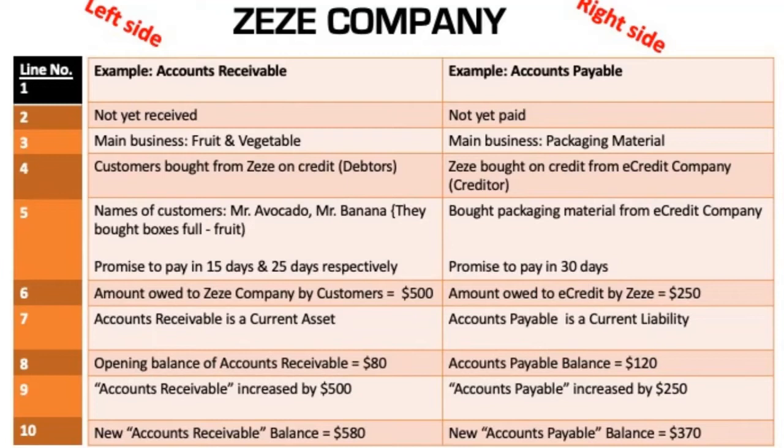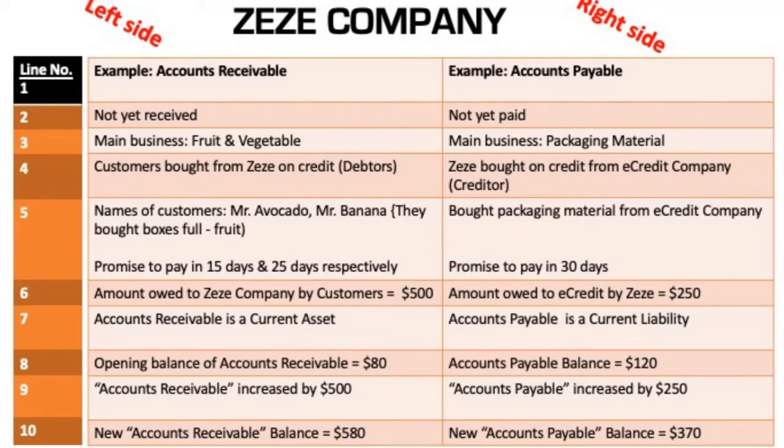And people are coming, others are buying cash, but now we are going to focus on those who have come to Zeze Company and bought fruits and vegetables on credit. These customers buy from Zeze Company on credit. We call them debtors. They are debtors to Zeze Company.